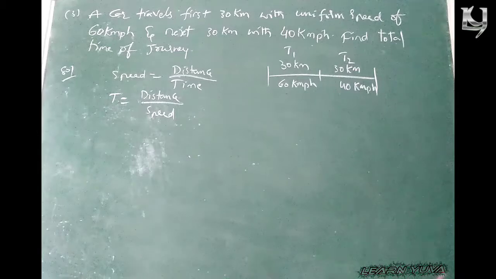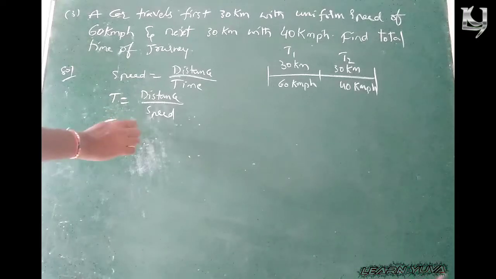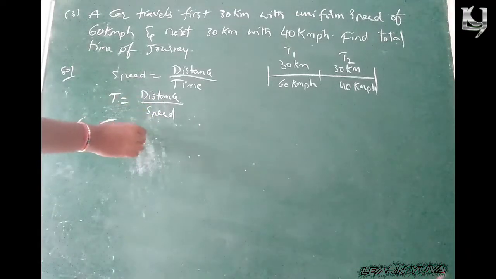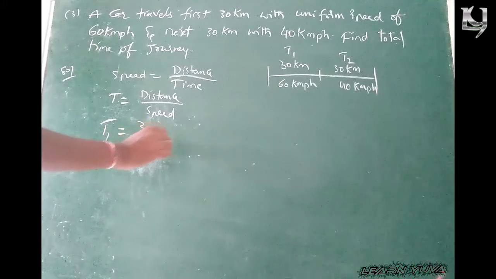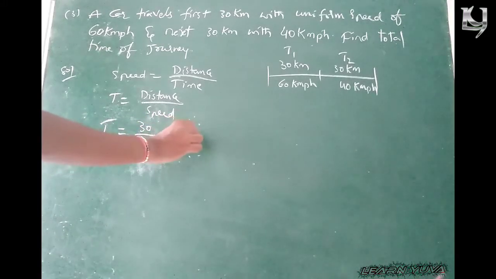If we add t1 plus t2, we will get the total time. So t1 is equal to distance by speed. Distance is 30 by 60. That is equal to 1 by 2 hour.